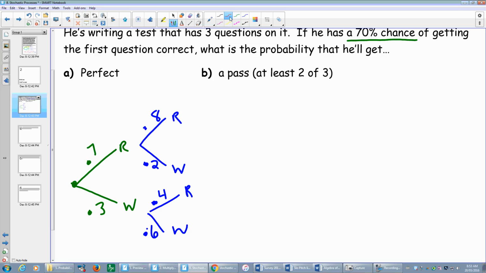Okay, if he answers the first question right, the second question right, what's the probability that he gets the next question correct? What do you think? How about we go up and down the road? Joanna, help me out. He answered the first question correct, second question correct. What's the probability that he gets the third one correct? Not 0.9. How'd you get 0.9?